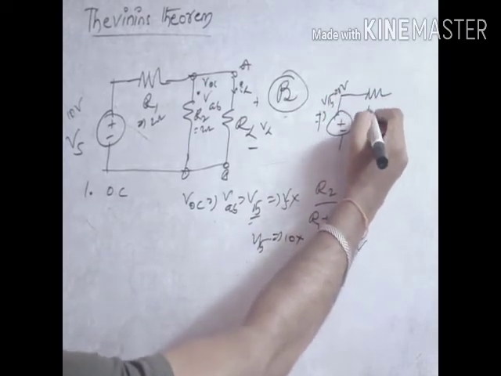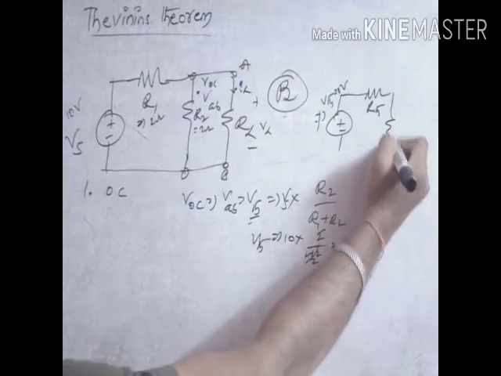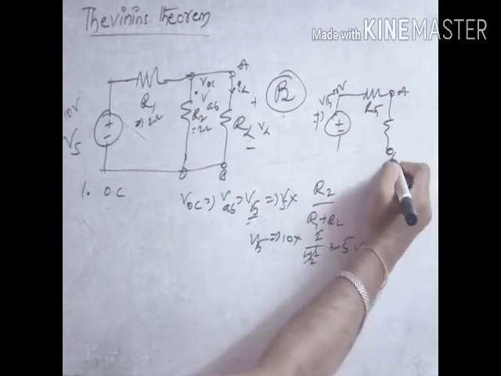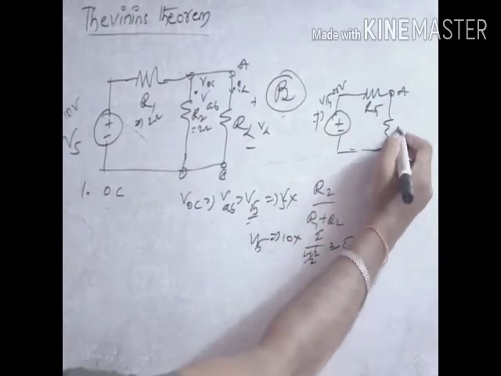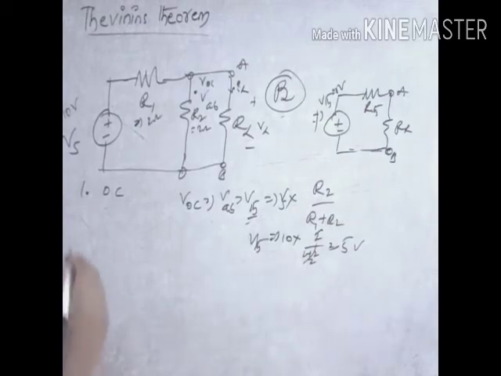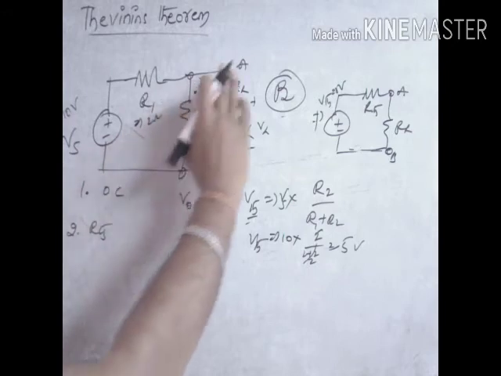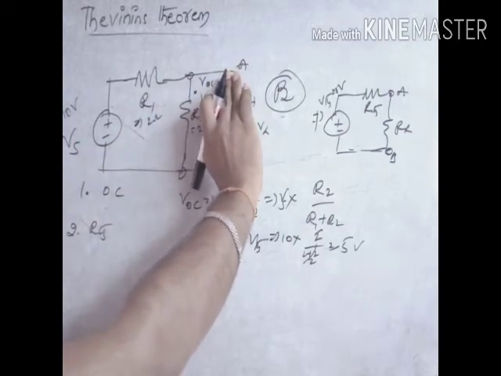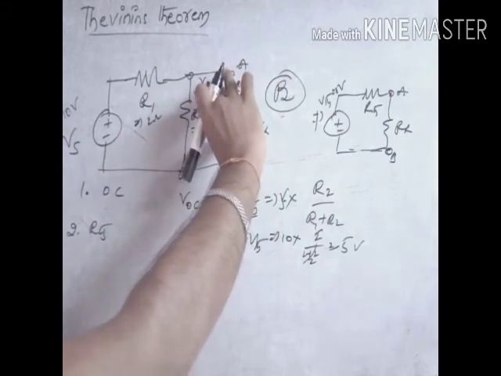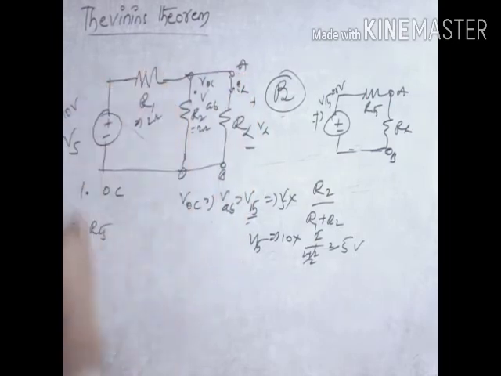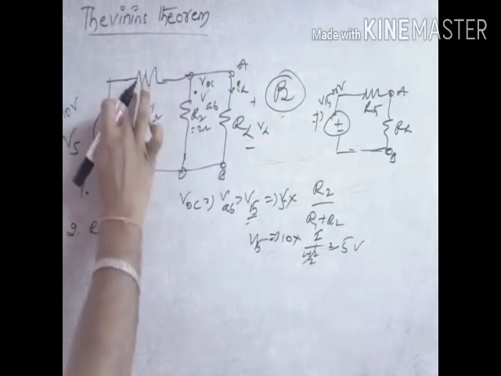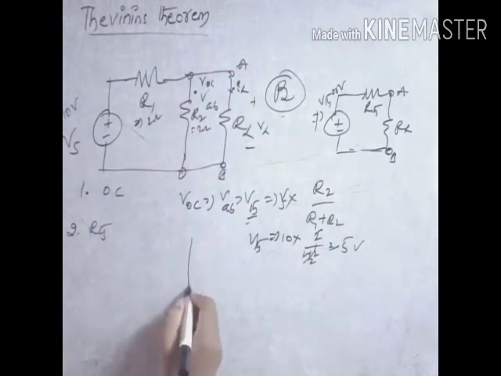Next we have to calculate R Thevenin, and we keep the load terminals AB with RL as it is. R Thevenin is calculated by short circuiting the voltage sources, open circuiting the current sources, and ignoring the load terminals. We calculate the total resistance looking into the AB terminals, that is, R1 and R2, while short circuiting the voltage source.